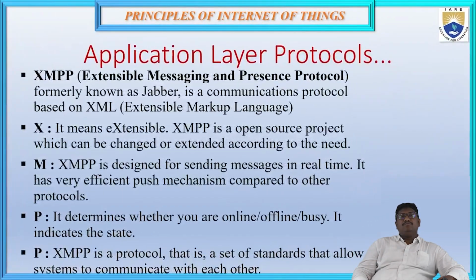And the next one is XMPP, Extensible Messaging and Presence Protocol. As I told you, X stands for extensible, which is an open source project. M stands for messaging, which is designed as a mechanism to compare with protocols. P stands for presence, what we call the presence protocol. And this presence is going to tell you whether you are online, offline, or busy, which is going to be detected by the presence.